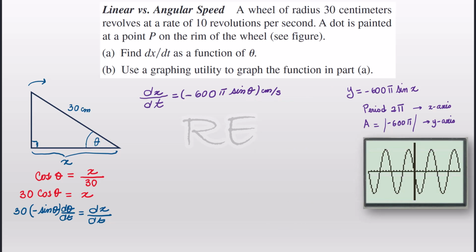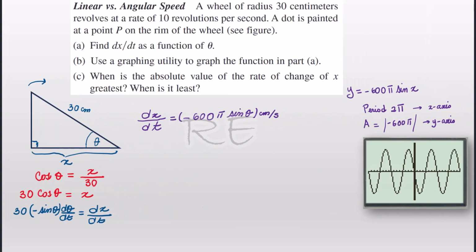For the next question, we will look at the absolute value of dx dt and determine when it's the greatest and when it's the lowest. We don't have to use the derivative for that. We can just use y equals sine x as our model and determine the top and bottom of the amplitude.